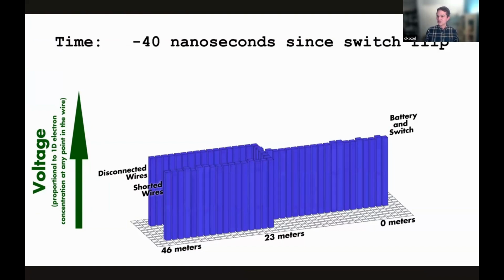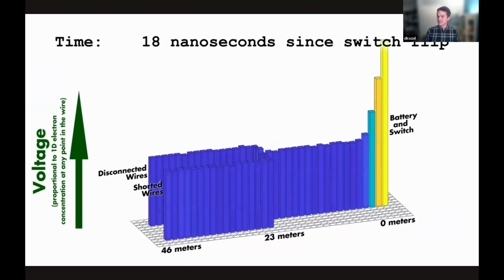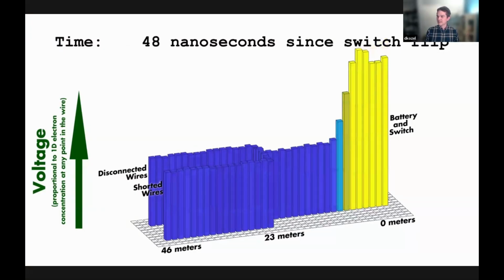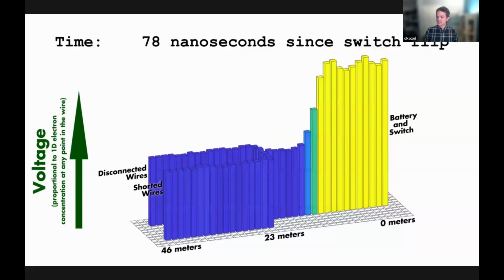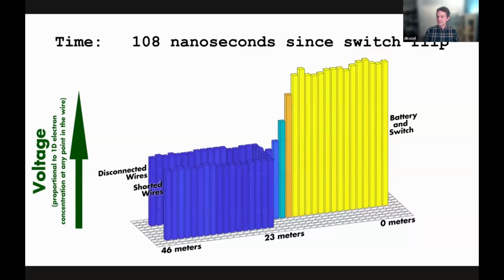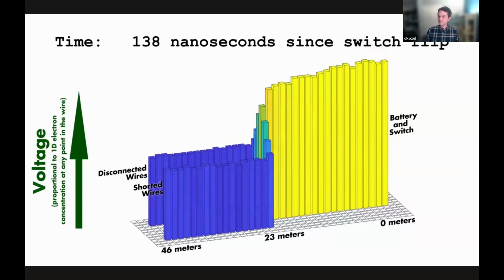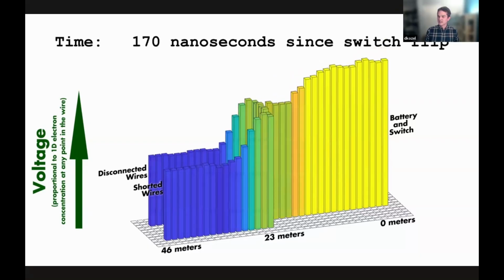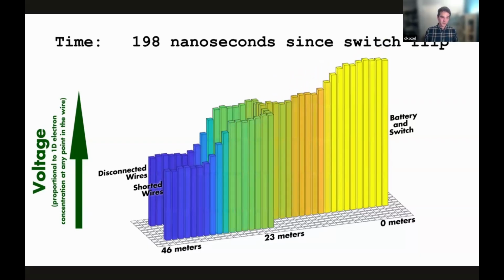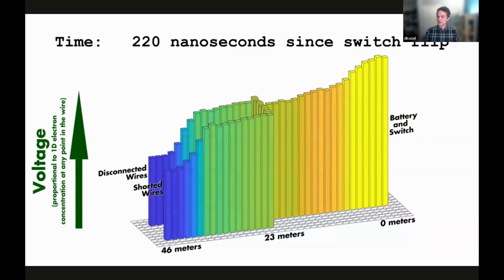So at time 0, he's going to flick the switch on the battery, and we can see the voltage surging through. The voltage surges down the line, hits the reflection, and the voltage has to split. There's only so many electrons, so you're going to get less on either wire.